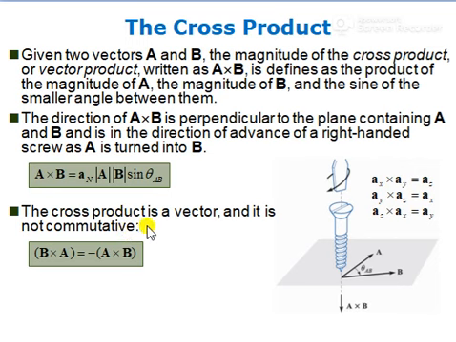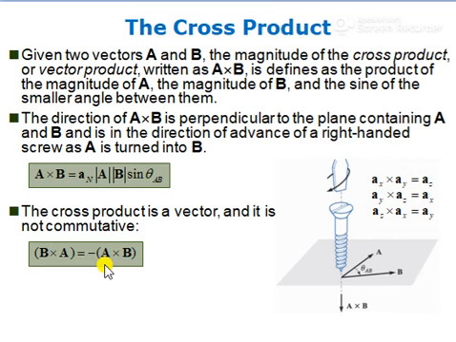The cross product is a vector and it is not commutative. That is, b cross a is not equal to a cross b. So it is not commutative. The second property is that it is anti-commutative, that is, b cross a is equal to minus a cross b. The third property is that it is not associative.